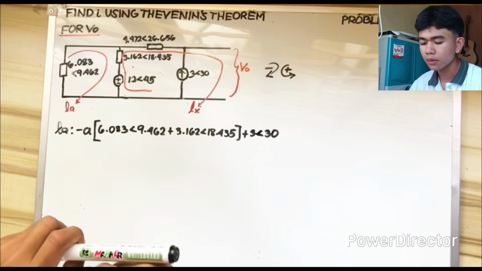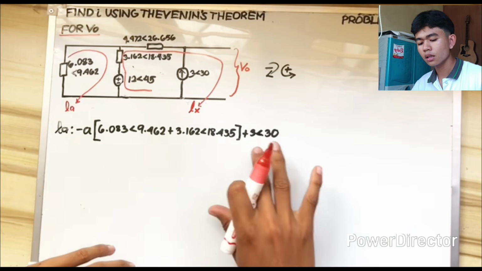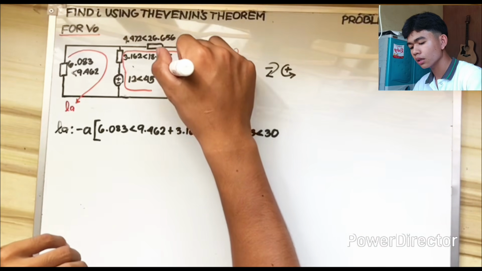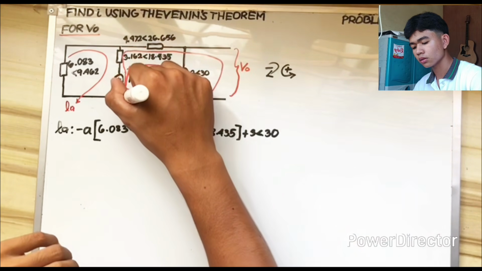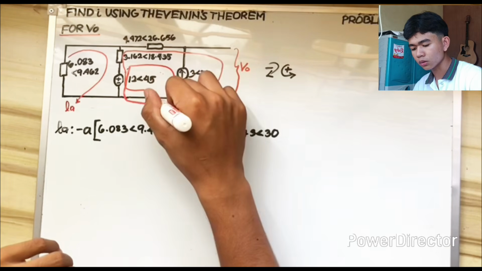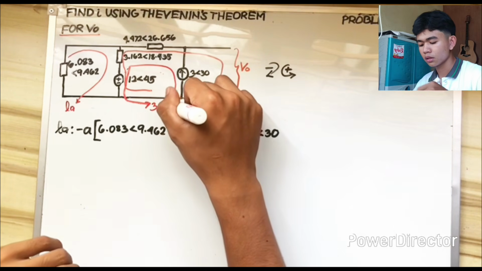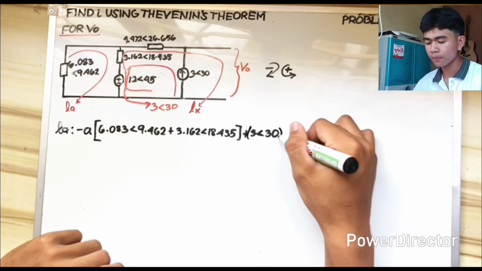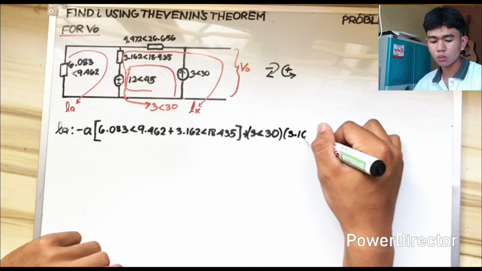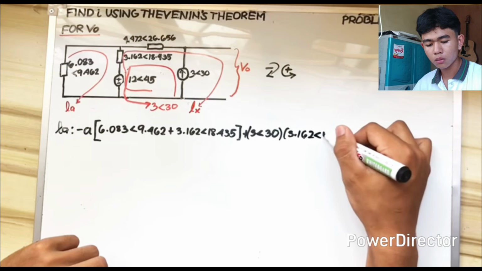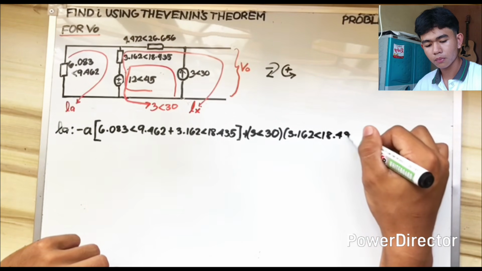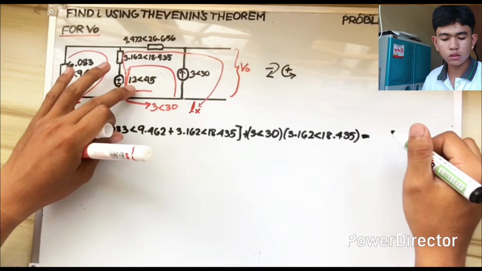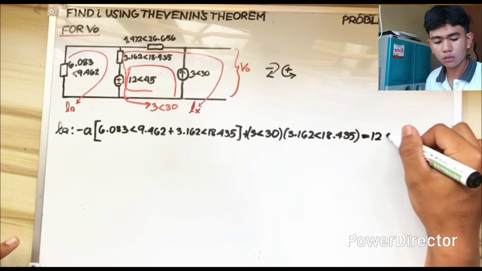Why do we have 3 angle 30 here? Because the current is still circulating until this part, so it is included. So 3 angle 30 is multiplied by 3.162 angle 18.435 and is equal to the voltage source, which is 12 angle 45.